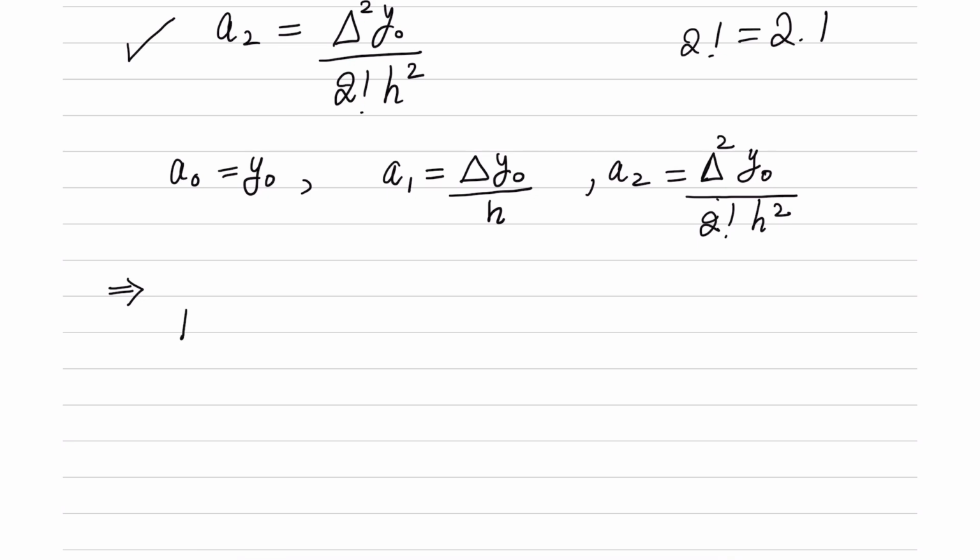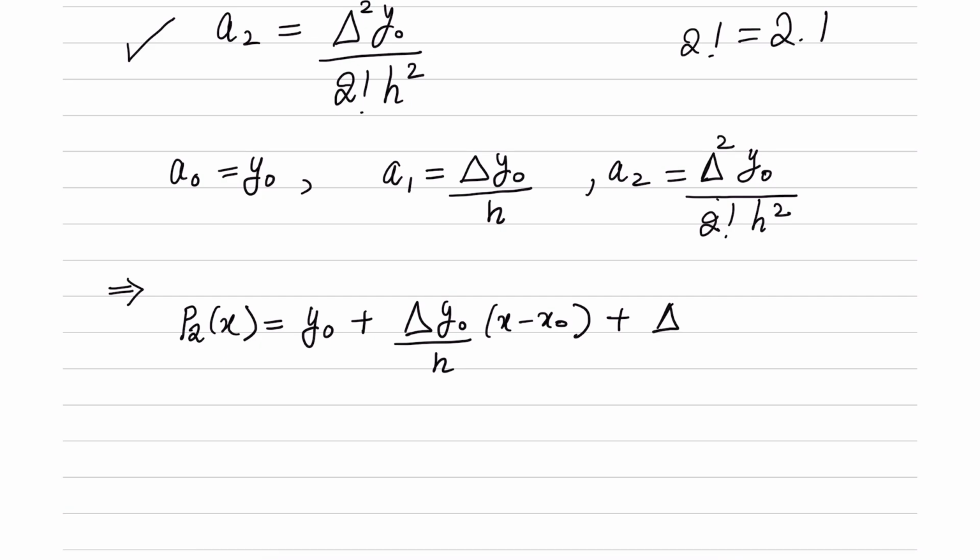So it will be P2 of x, a0 is y0, a1 is forward y0 over h, x minus x0, plus forward square y0 over h square 2 factorial, x minus x0, x minus x1.